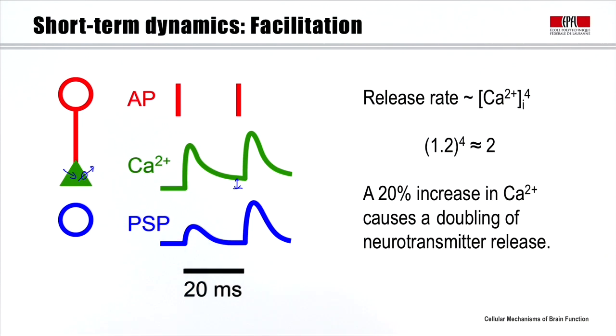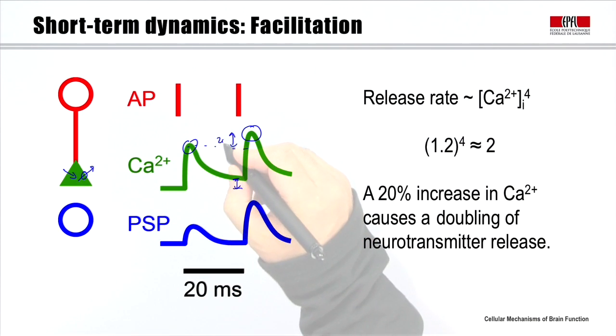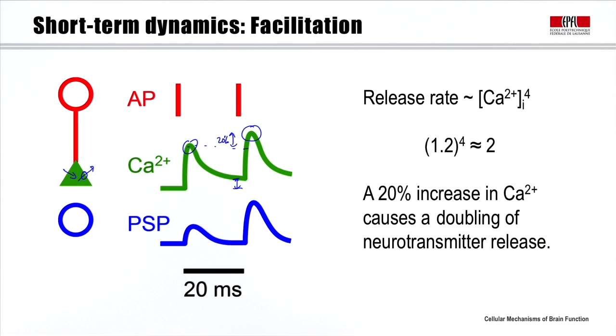Equally, some of the buffers may be saturated, and when the second action potential occurs and calcium floods in, those buffers won't be able to bind calcium, and there's already an elevated baseline, and so the peak calcium concentration that's reached in response to the second action potential can be higher than that in response to the first. And even if that's only, say, a 20% increase in the peak calcium concentration, that can make a major difference to the amount of neurotransmitter that's being released.